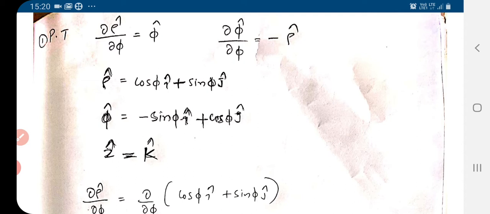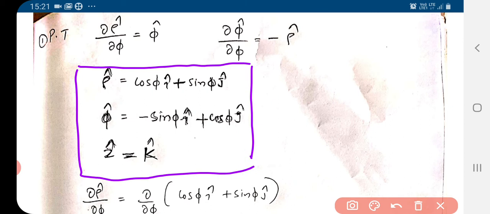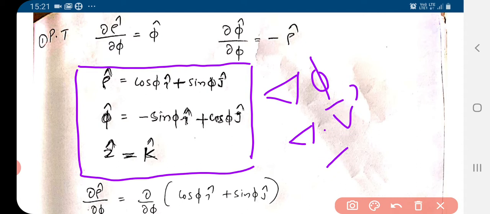We were considering the cylindrical coordinate system as an example of a curvilinear coordinate system, and we had obtained unit vectors rho, phi and z in the cylindrical coordinate system, and we had obtained expressions for gradient, for divergence, for curl in the cylindrical coordinate system.